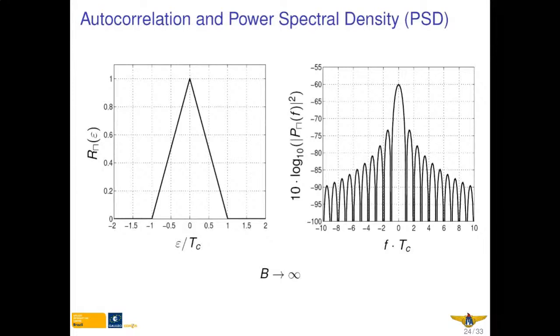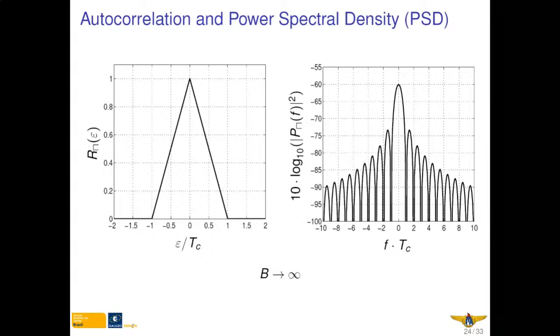On the left-hand side here, you can see the autocorrelation function of this signal. So it's a triangle, a perfect triangle for infinite receiver bandwidth. If we have a real system with a limited bandwidth, this gets a little bit rounded. But in principle, it stays very close to a triangle.